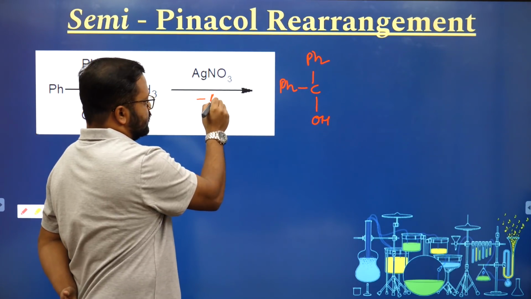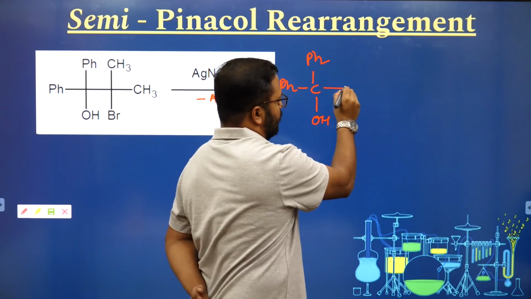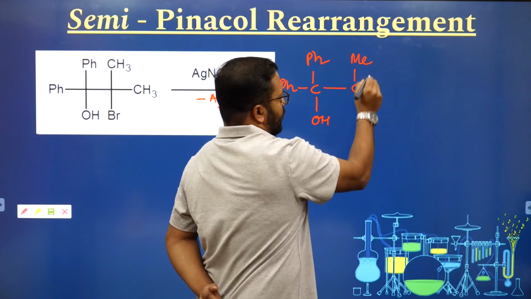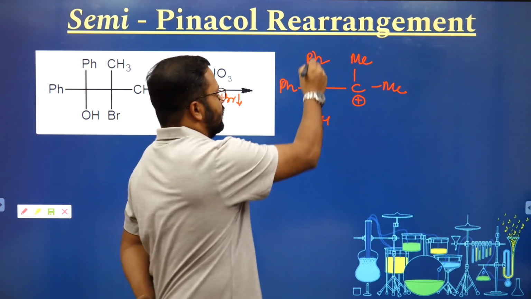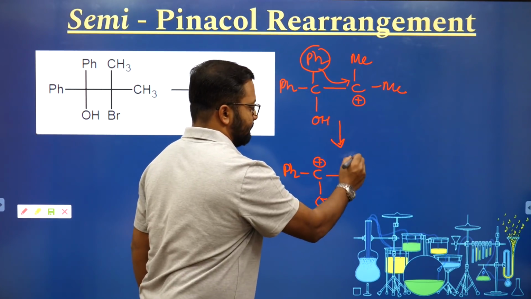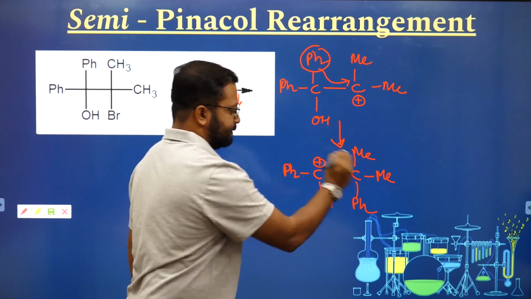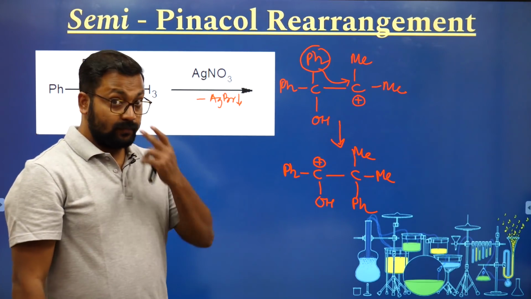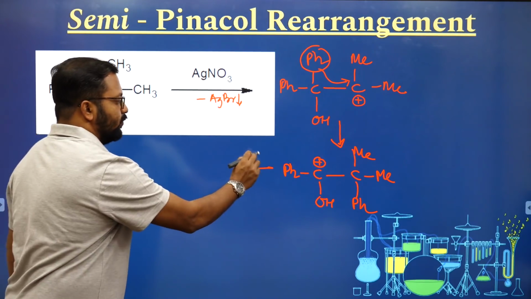I'll remove this as AgBr, and Me with positive charge, Ph. Okay, and then remove H plus ion.